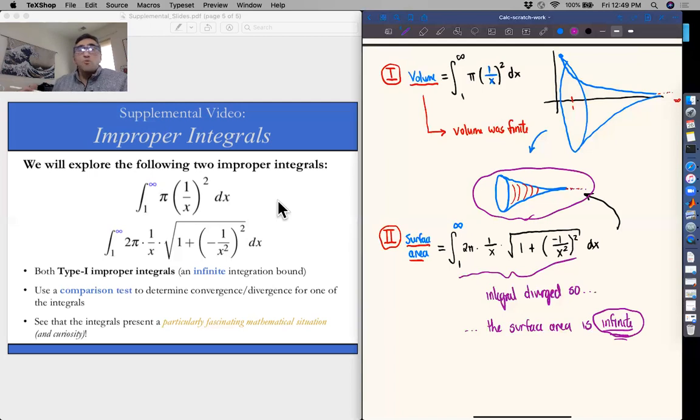So I think this is a pretty interesting mathematical situation that we're able to use improper integrals to kind of describe. It's a very curious thing that this happens. And this is an example called Gabriel's horn. And it's one of these interesting ideas where this three-dimensional object may have a finite volume, but it has an infinite surface area.